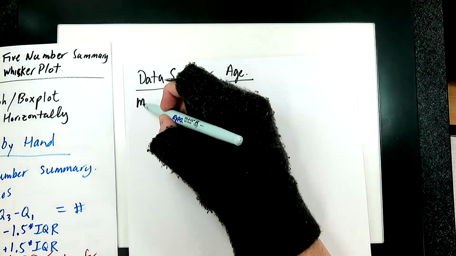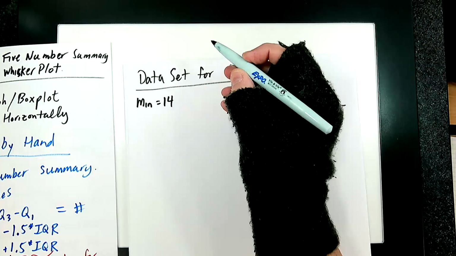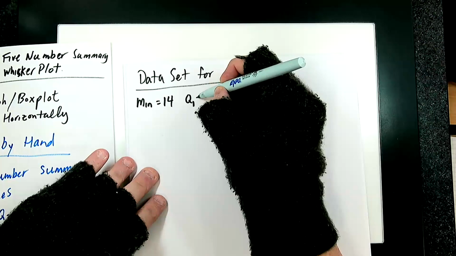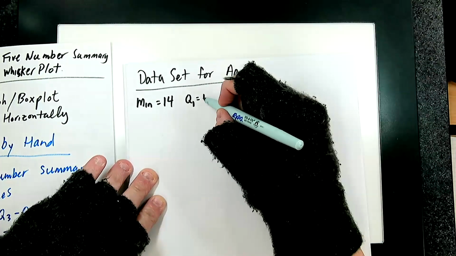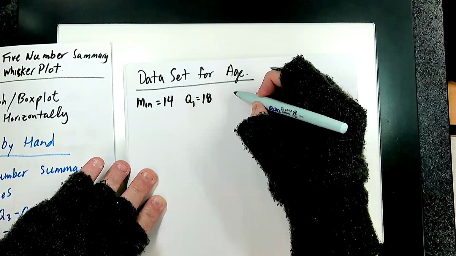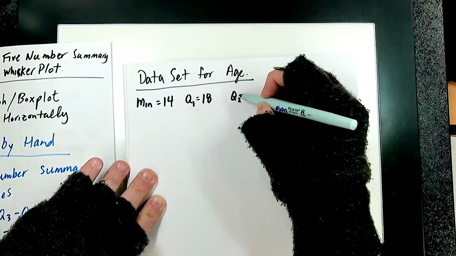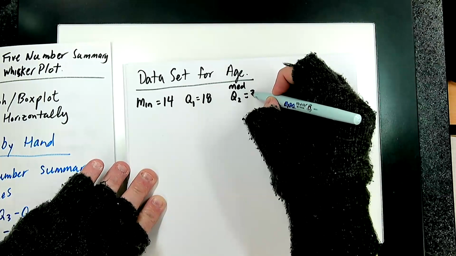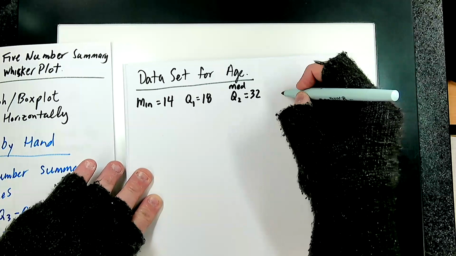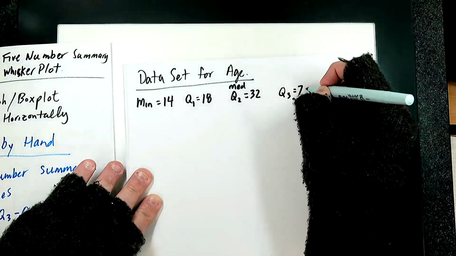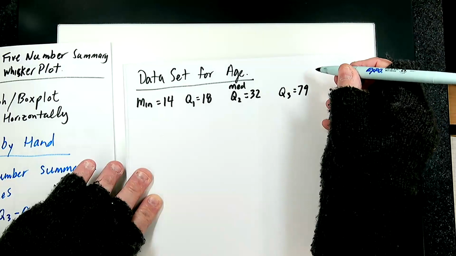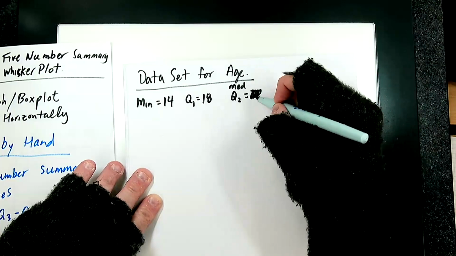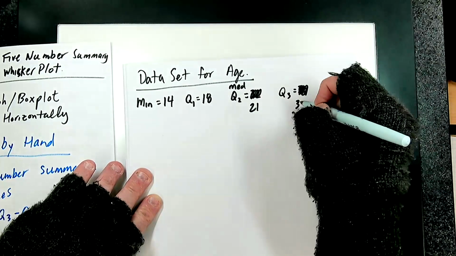We will have the min is 14. Q1 is 18. Q2 or median is 32. Q3 is 79. No, I'm sorry, what am I doing here? Median is 21. Sorry. Median is 21. Q3 is 32.